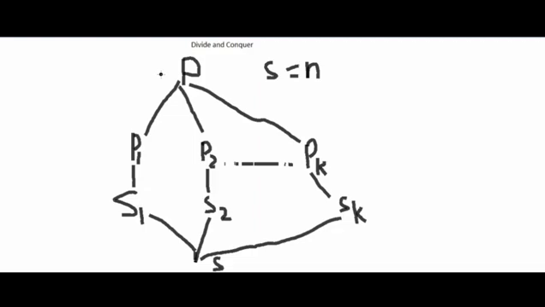Let's suppose the problem is to sort, then the sub problems must also be sorting. You do not have to keep both things different from each other. Likewise, if the problem is about something else and you divide it into sub problems of something different, that will not work. So you have to keep the problem and the sub problems on the same page. Both of them must be the same.